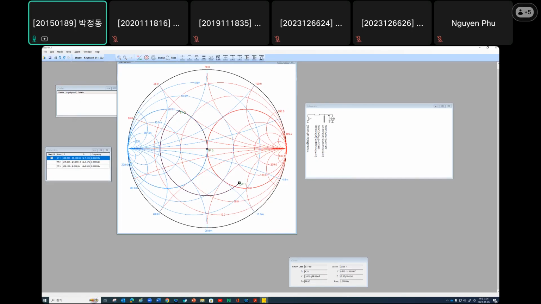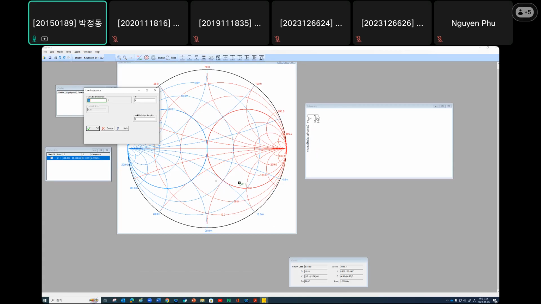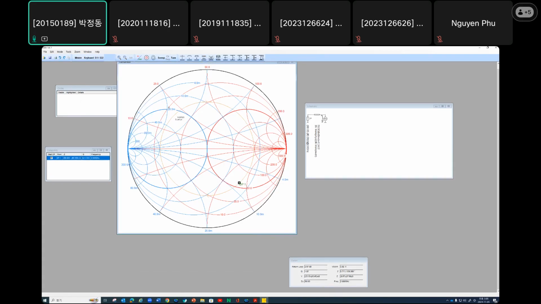If you use an open stub, the length is just 0.1552 lambda. Another option is, what if we use a short stub? Then the short stub must be very, very long. You just move this amount.